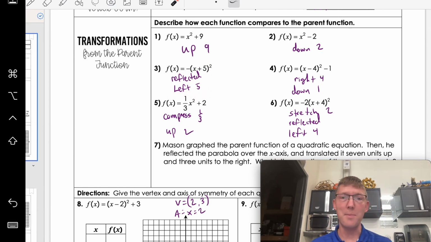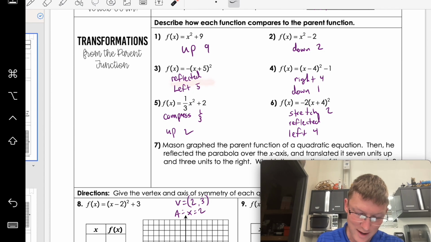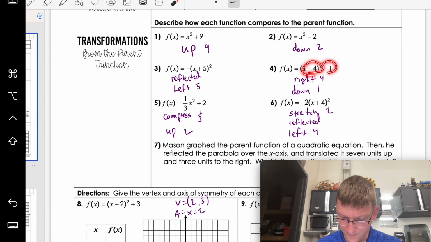Remember, it's the opposite of what the sign is. So there's that minus h. That's what I was talking about. Here, we also have a negative sign, so that's a negative 1 for a. That means this is going to be reflected across the x-axis, and then it's going to move left 5 units.